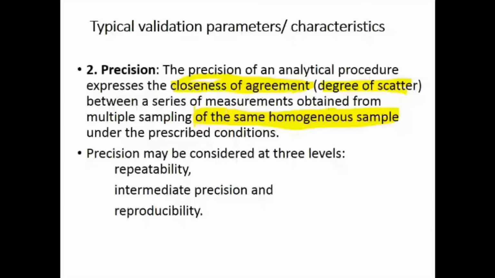Suppose it is a cubical container, then we will take samples from all corners or from all faces. Sampling means withdrawing a small quantity from the entire mass of the sample, and from that we will perform assay. Suppose we have taken samples from 10 parts of that homogeneous mass. One sample gives 100%, another 99.8, one gives 100.02.